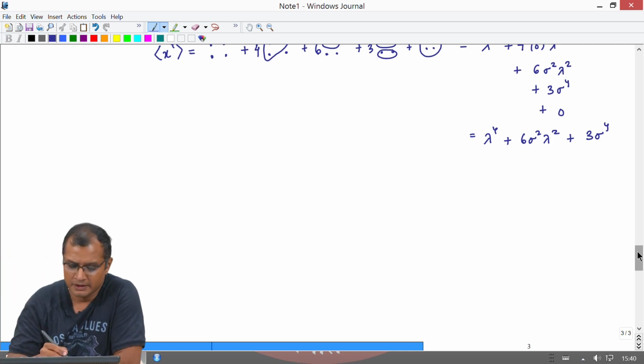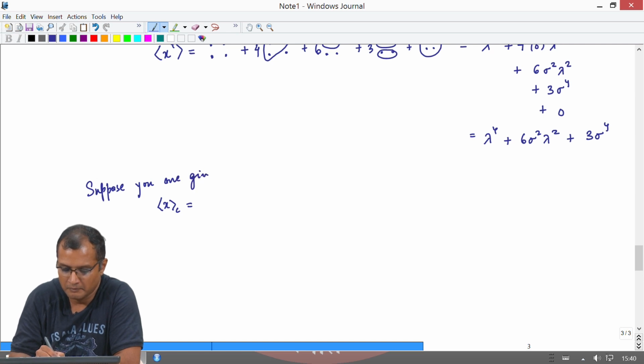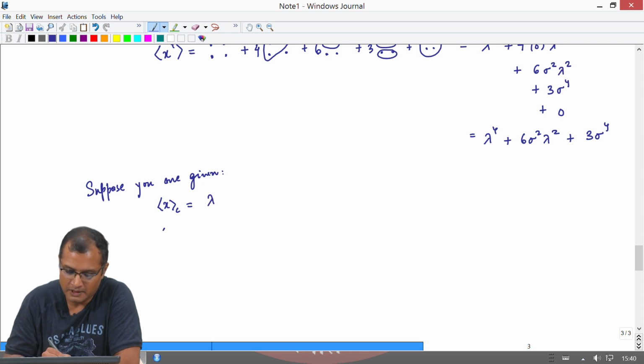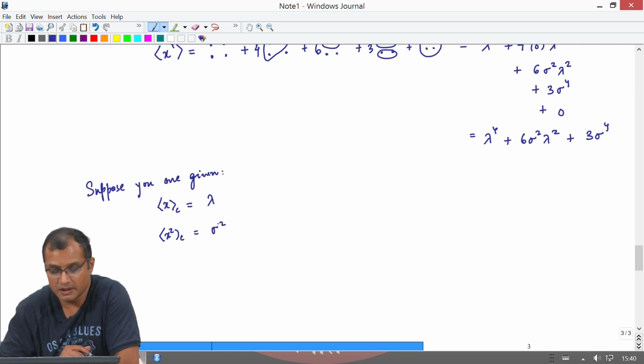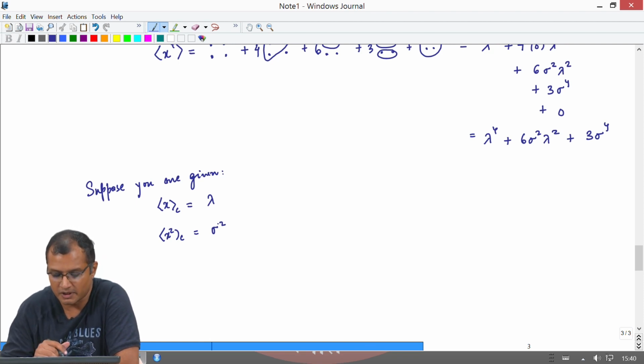That means if you are given the first cumulant, which is the mean, and the second cumulant as the variance, you can construct the Gaussian PDF as follows. So, this is the reverse question: knowing the mean and the variance, how do you construct it?